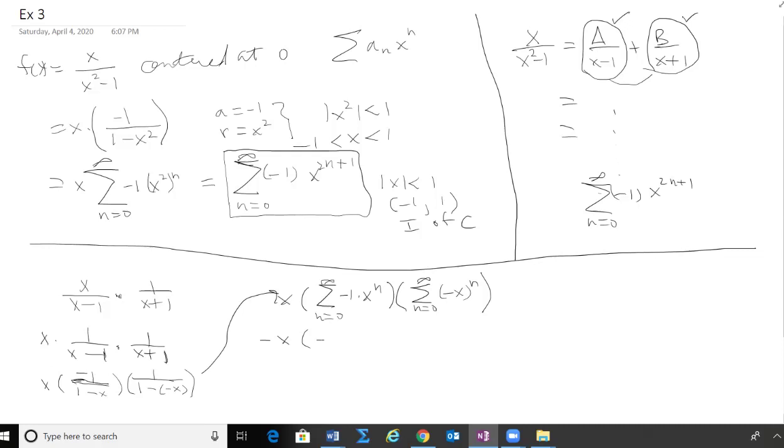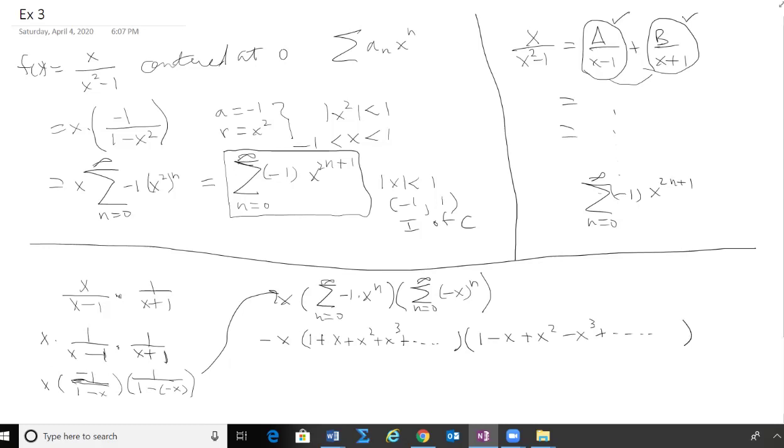The first term would be a 1. Next term would be an x, and then an x squared, an x to the third, etc. And then this other series, this would alternate. This one would start off with a 1, and minus x plus x squared minus x to the third plus.